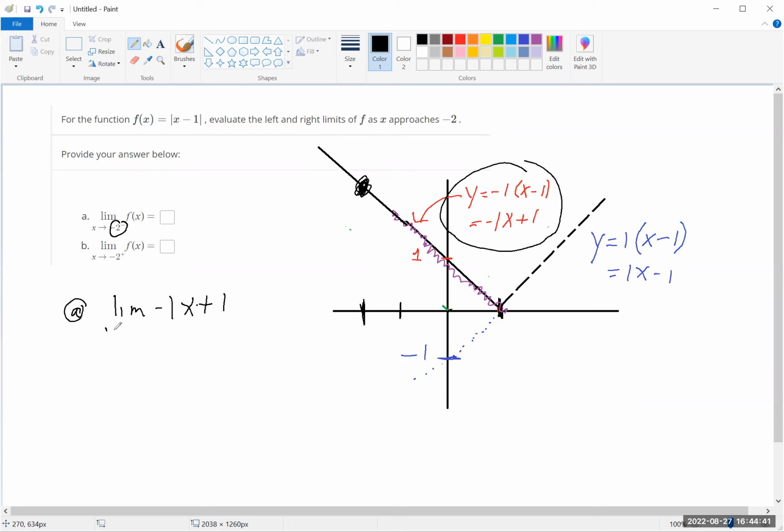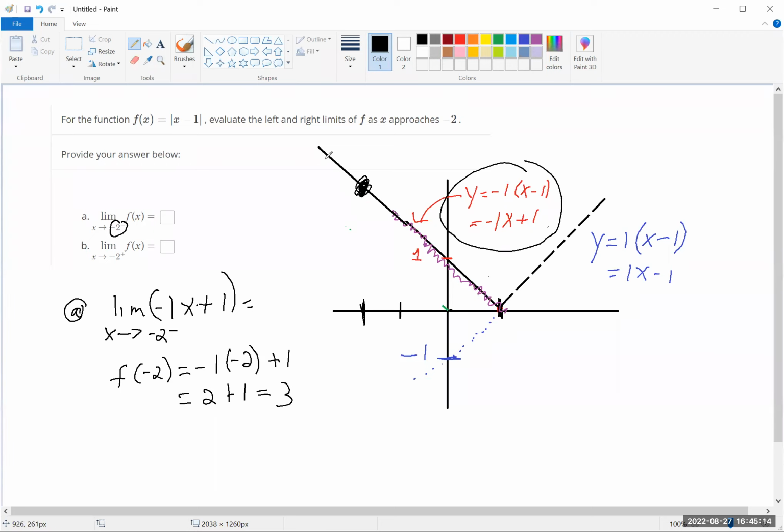So as x approaches -2 from the left, well, the output, and I'm going to put this in parentheses, the output of f of -2 from the left is -1 times -2 plus 1, which is 2 plus 1, which is 3.